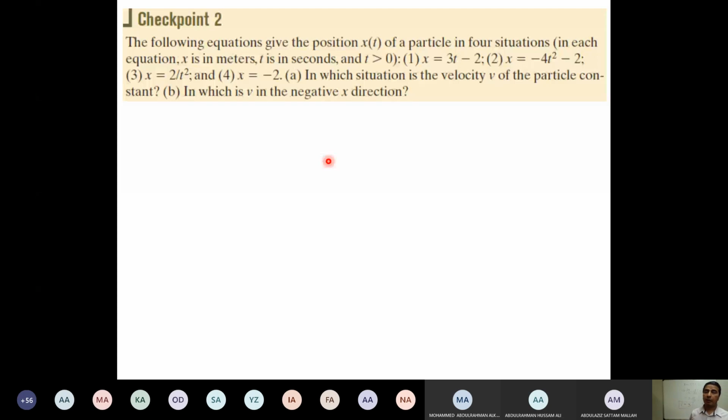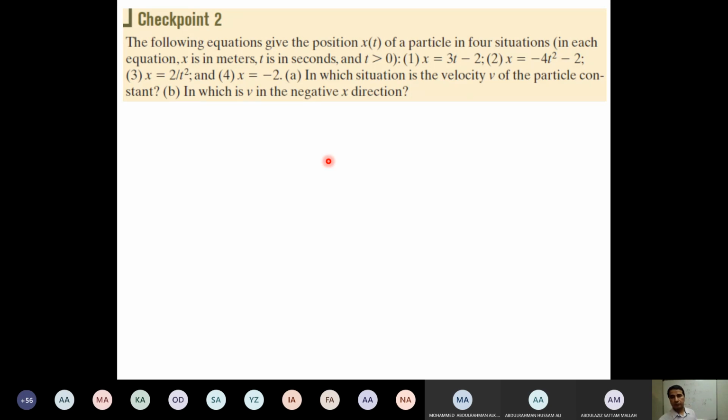Okay. How about situation 2? It is not constant, because you will get the derivative of t squared, which will be 2t. So 8t, right? So it will be again minus 80. And how about the third situation?